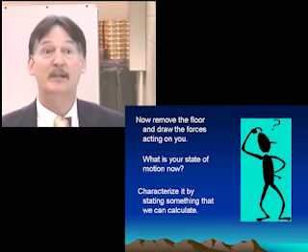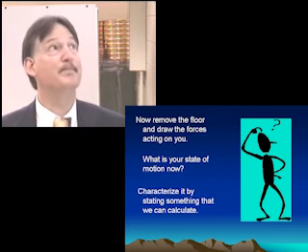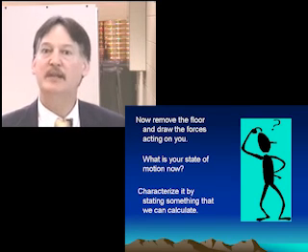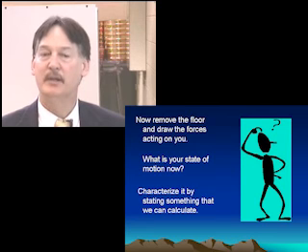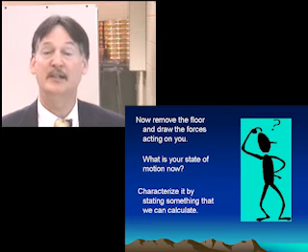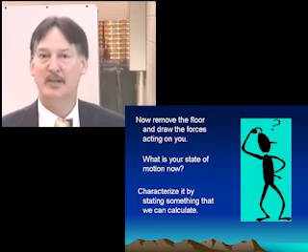What if I remove the floor from underneath my feet? Well, I've removed the contact force, and since the contact force is gone between my feet and the floor, there's only one other force present. Gravity's still there. So now I have that non-contact force acting on my mass, accelerating it downward.